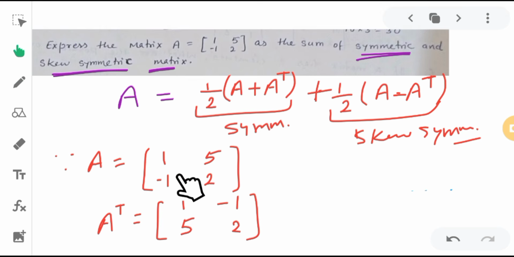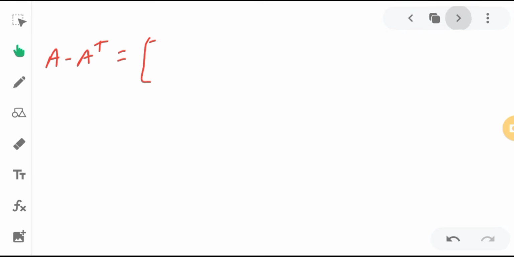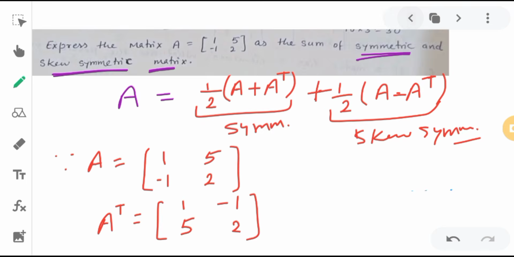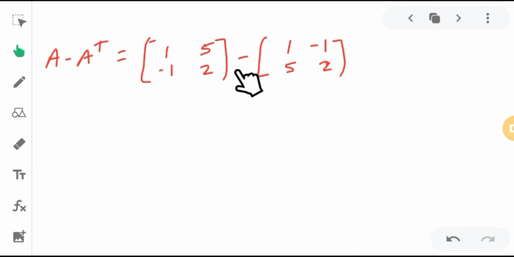A was 1, 5, minus 1, 2. Minus A transpose will be 1, minus 1, 5, 2. Correct? We found there 1, minus 1, 5, 2.